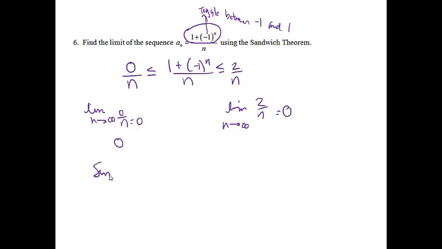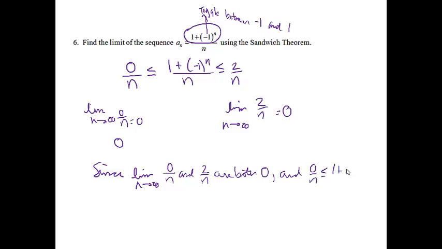Okay, and so we can say since the limit as n approaches infinity of 0 over n and 2 over n are both 0, and since 0 over n is less than or equal to 1 plus negative 1 to the n over n is less than or equal to 2 over n, then we may conclude that the limit as n approaches infinity of a sub n must also equal 0.